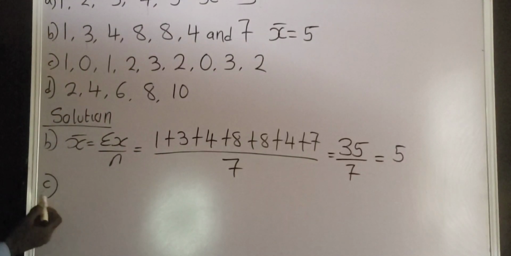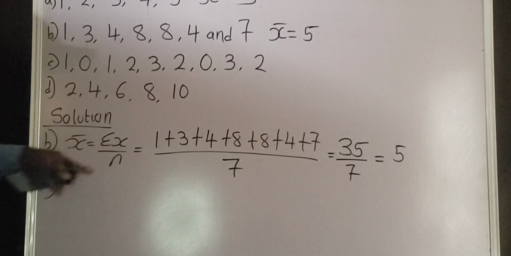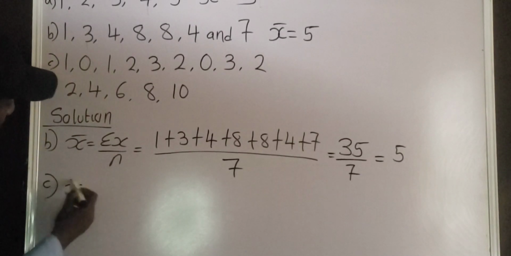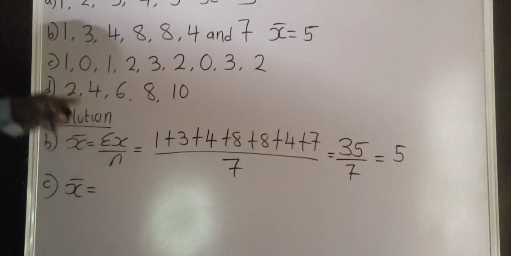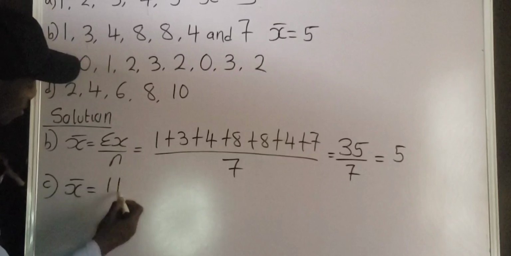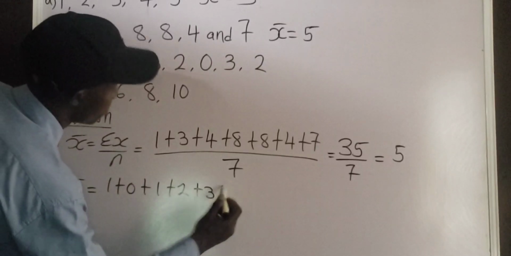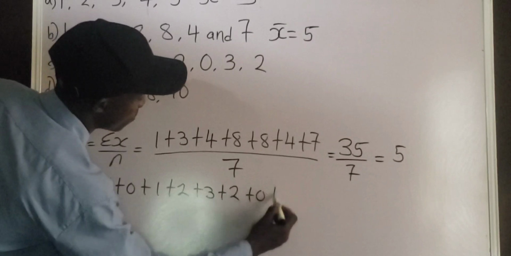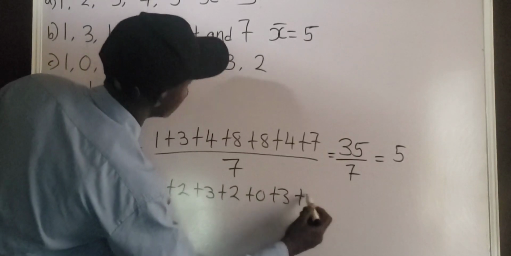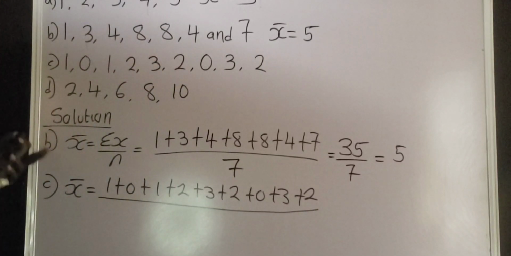Question C. We are still going to use the same formula, summation x all over n. So I'm going to have x bar is equal to the sum of all the values in the data set: 1 plus 0 plus 1 plus 2 plus 3 plus 2 plus 0 plus 3 plus 2, all over the total number of values in our data set.